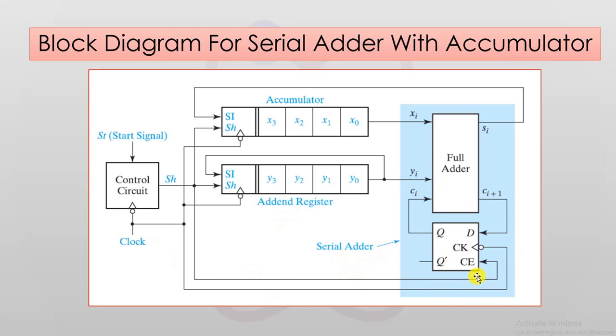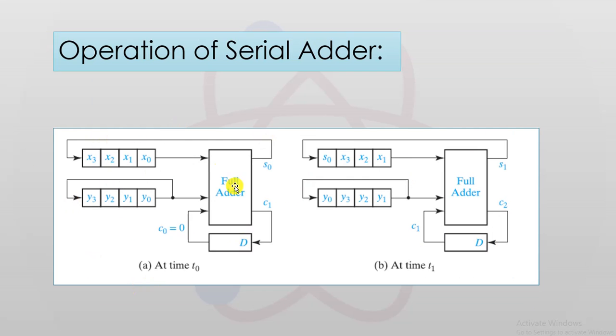So let us look into the operation of the serial adder with accumulator in much more detail. Here let me explain what happens at time t0. We are considering that initially all the contents of the accumulator and the add-in register are loaded. We have the full adder and we have the D flip-flop.